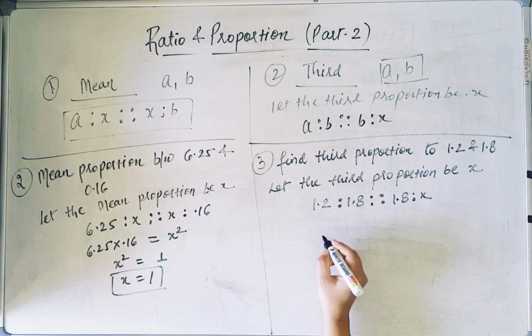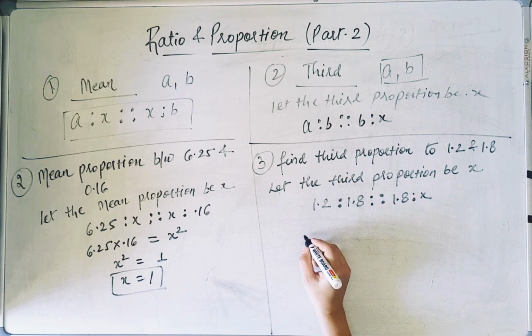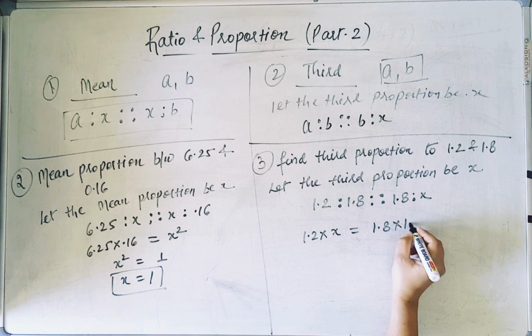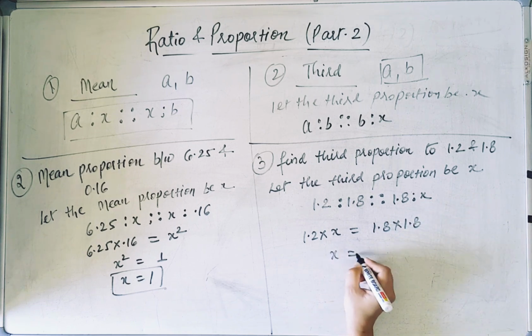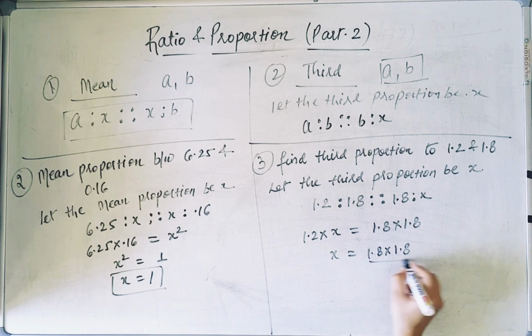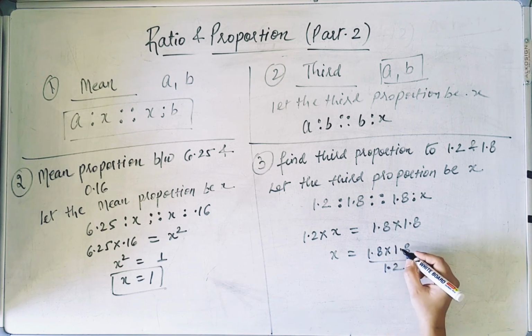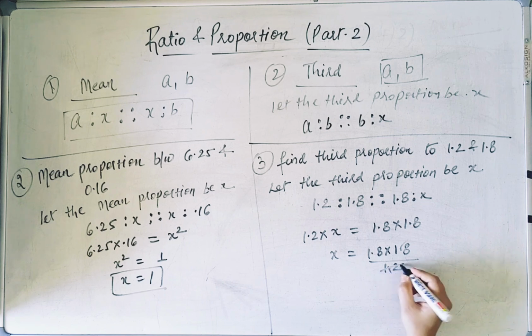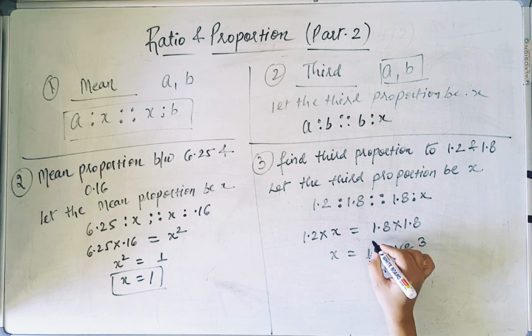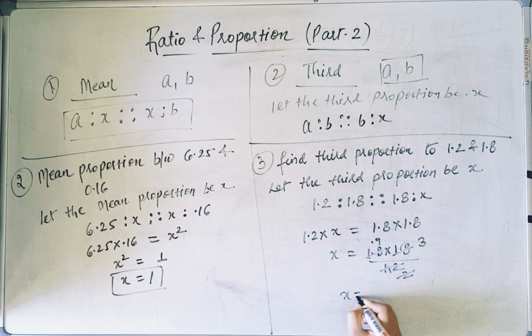We'll discuss that also. Product of extremes again: 1.2 into x equals 1.8 into 1.8. Thus x will be 1.8 into 1.8 by 1.2. So these get cancelled. 6 into 2 is 12, 6 into 3 is 18, 2 into 0.9. Thus the answer will be 2.7.